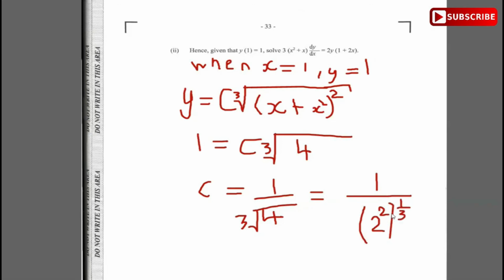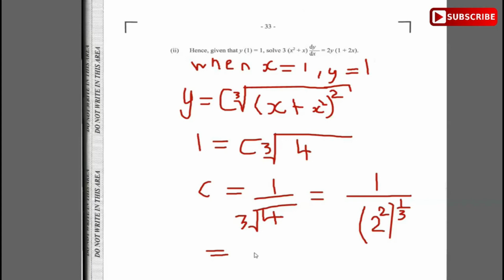This is 4 to the 1/3. Can I rewrite this in a pretty way? Well, I don't seem to at this moment. So 2 squared raised to the 1/3, 1 divided by that.